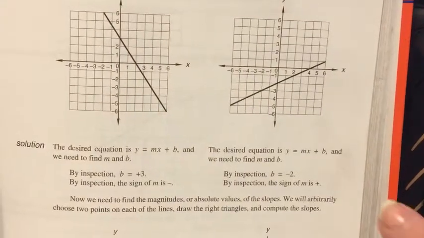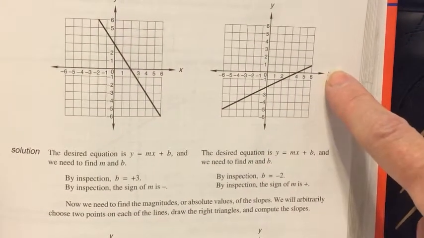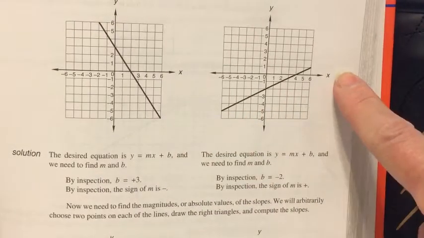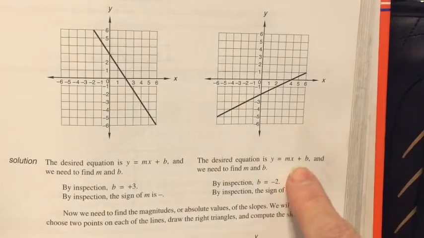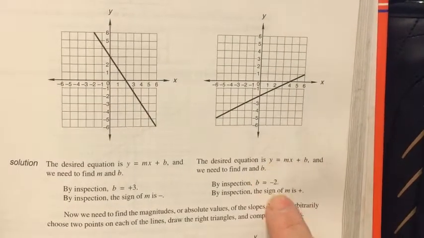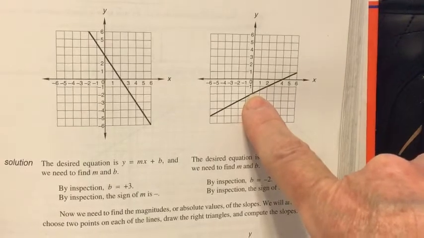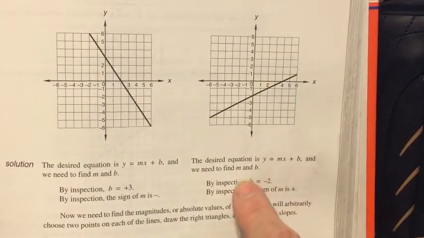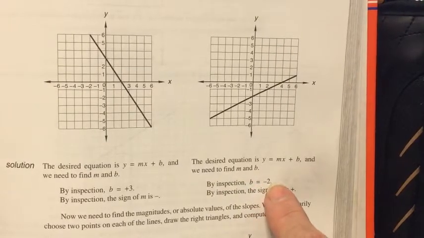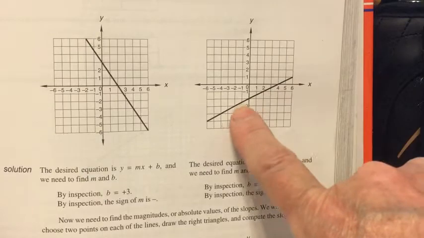So now we go look at the second line. Here we have the second line on the page. It has a positive slope. By inspection, it is moving up as we go left to right. So it is a positive slope. It is crossing the y-axis at negative 2. So by inspection, b, which is the y-intercept, is negative 2. Now I have to figure out what is the magnitude of that slope.